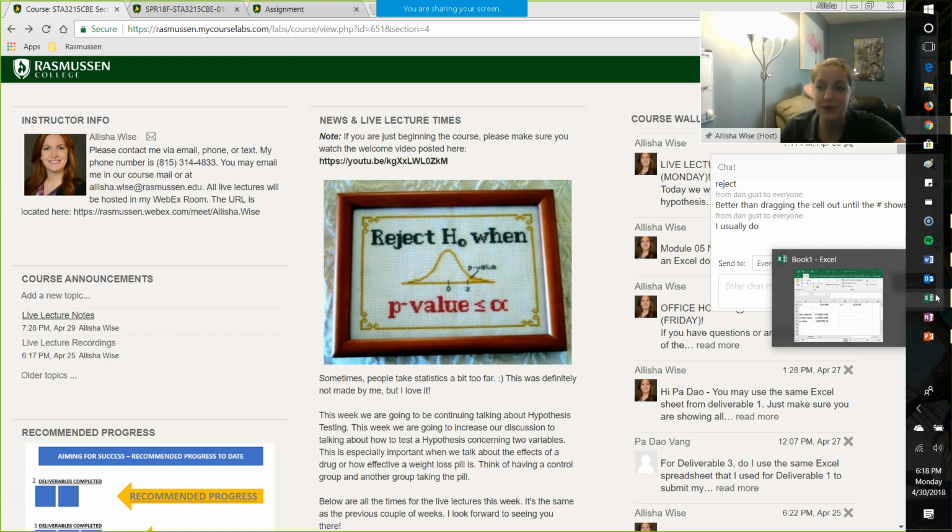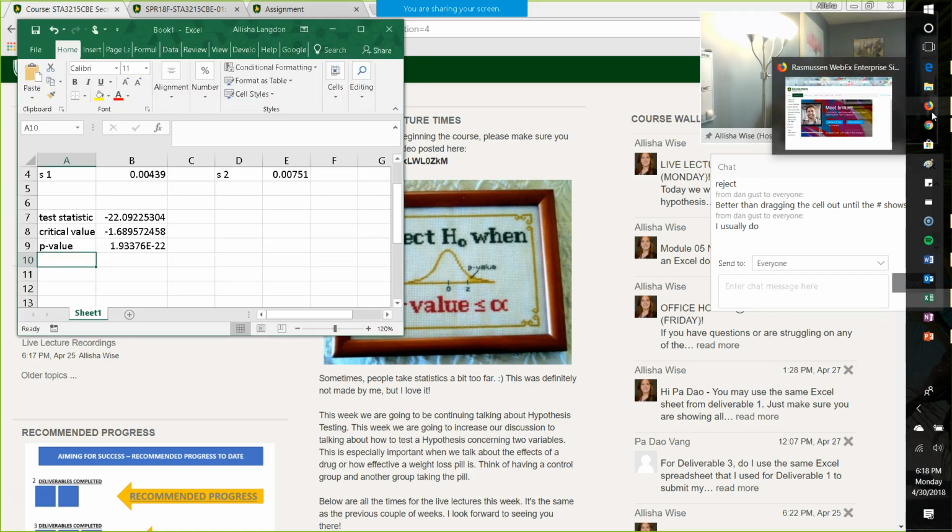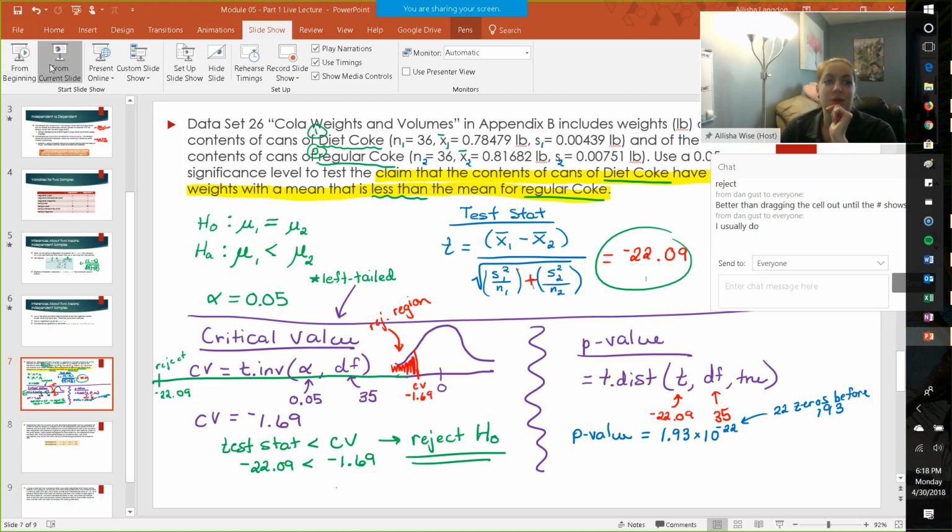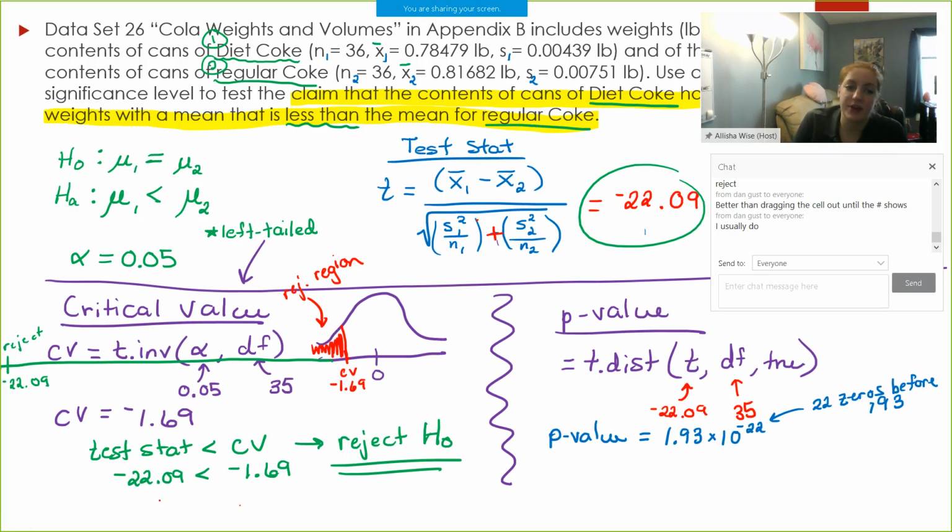So what does that mean? My p-value is really tiny, so my p-value is less than my alpha. Since 1.93 times 10 to the negative 22 is definitely less than 0.05, which only has 1 zero in that decimal place. This one has 21 zeros after the decimal.